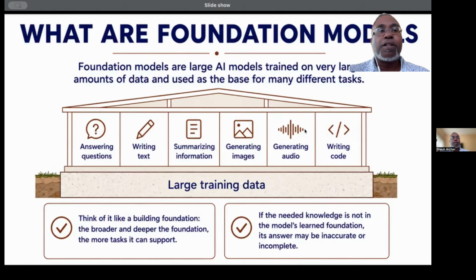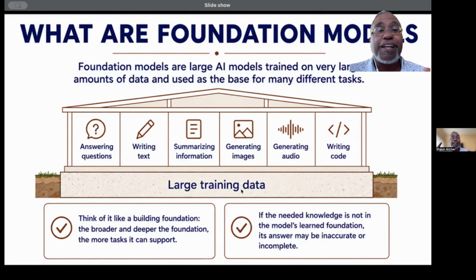Because the training of the model is a single exercise that happens at a period in time, the model will not have in its foundation, in its data, information that happened after it was trained. So if we had a model that was trained in 2025, that model cannot tell you unequivocally who has gotten into the latest round in World Cup football or soccer, as some people will call it.